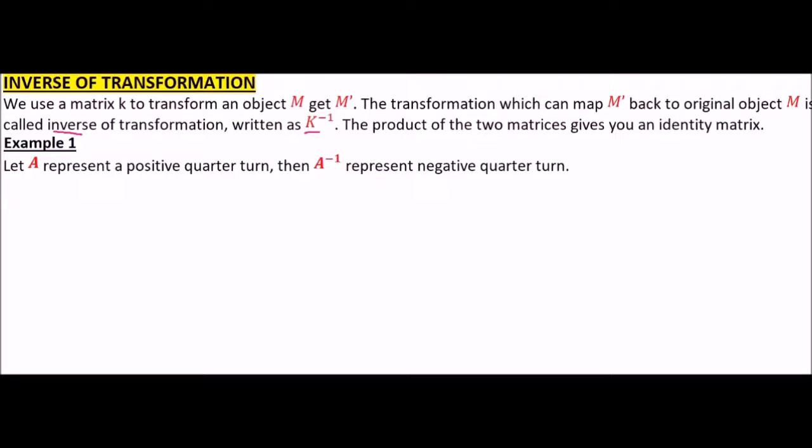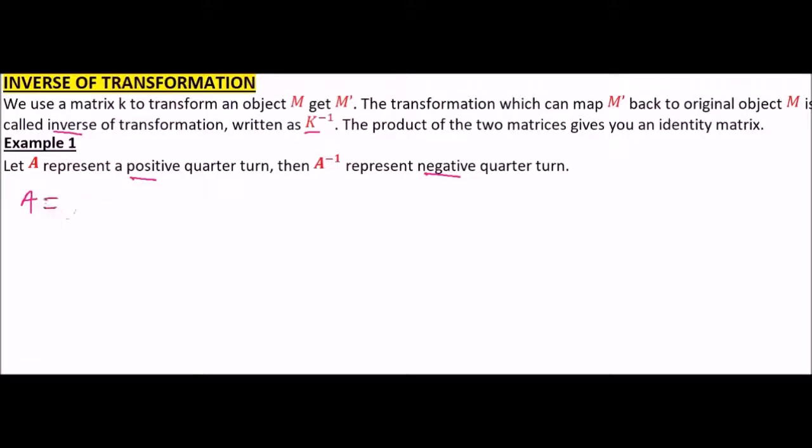So let's take an example. Let A represent a positive quarter turn. Then A inverse, which is A to minus 1, represents a negative quarter turn. So this is a positive quarter turn, so the inverse is a negative quarter turn.